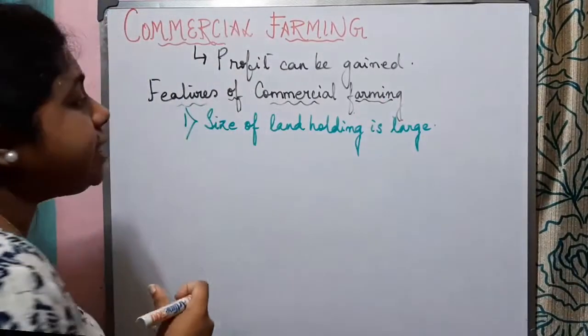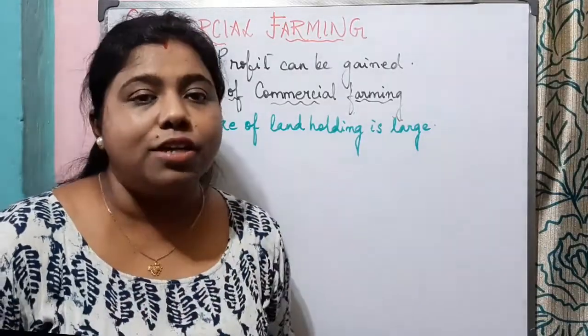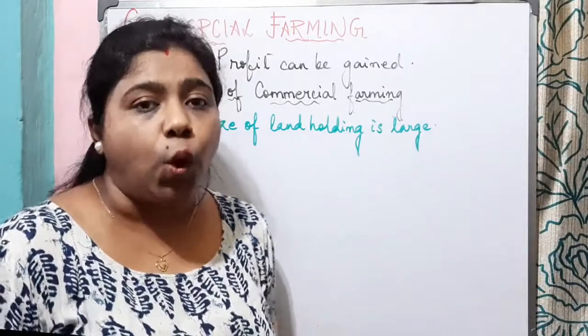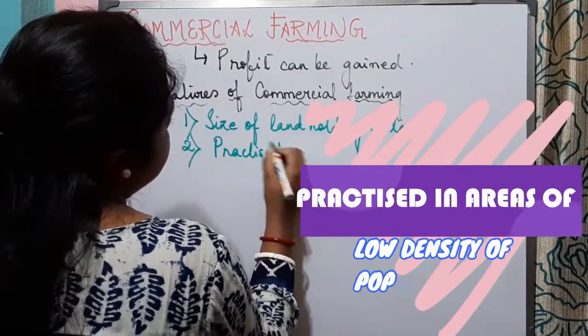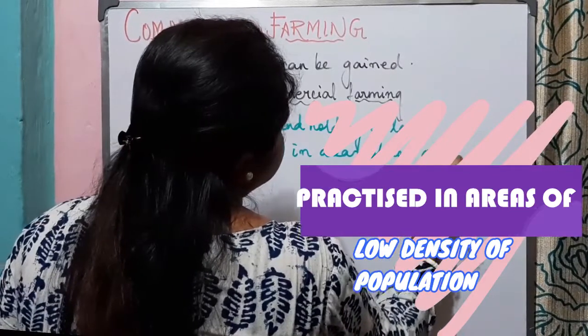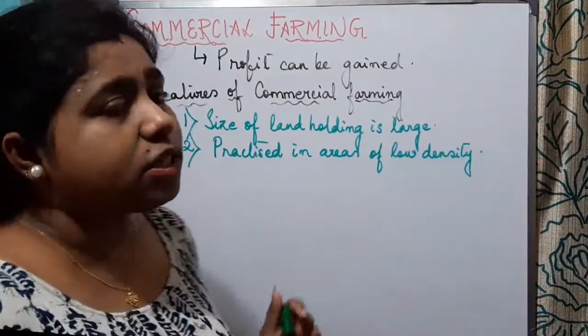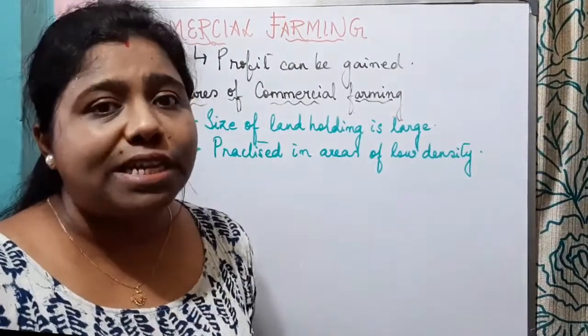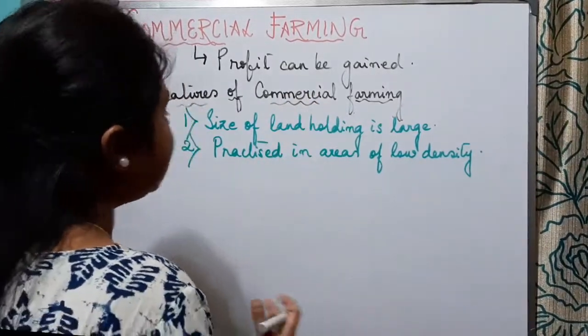That means this type of farming is done on a large plot of land. We will see that this type of farming is practiced in areas where the population density is quite low, unlike intensive subsistence farming, which is practiced in densely populated regions.